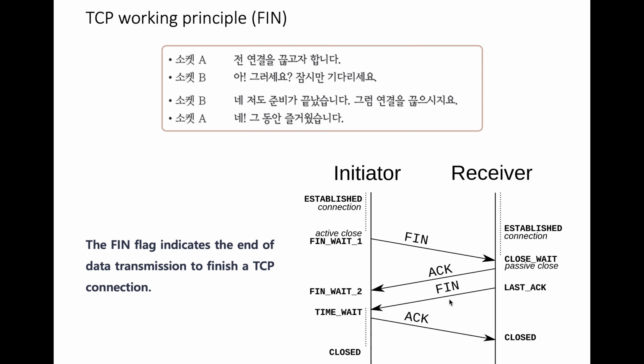Me too, I want to close the socket as well. And then, okay, all right, so we can both close now. At this point, both hosts will have closed down the socket. That is how a TCP socket is terminated.